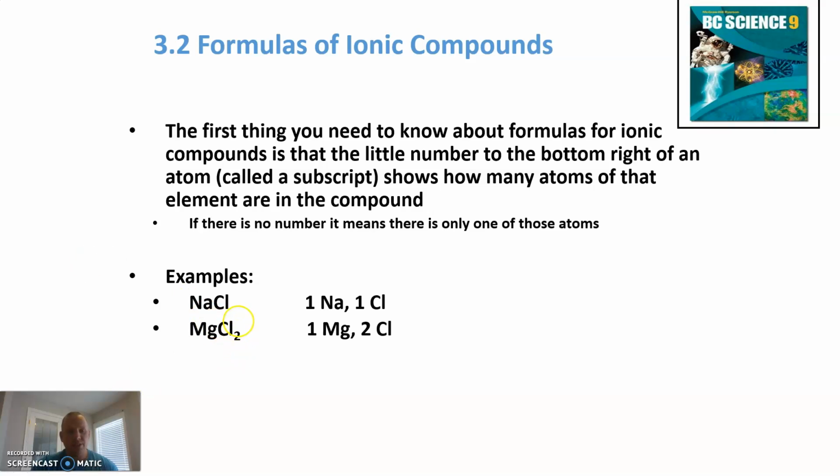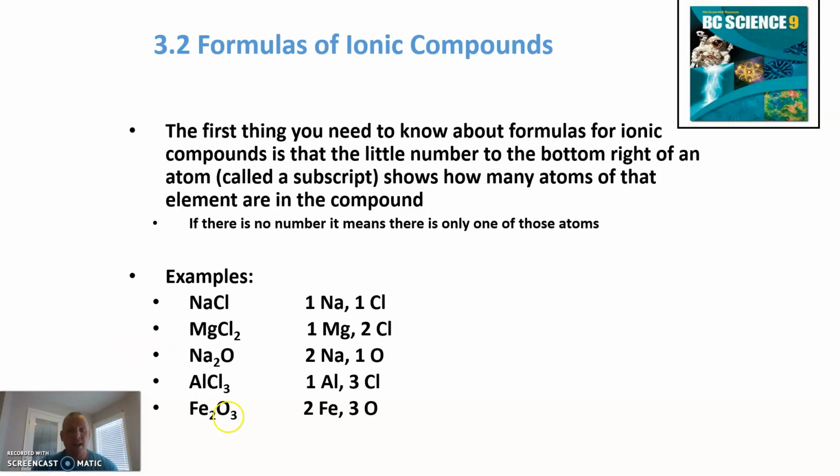Magnesium chloride, we see the little 2 down there. So that means there's 2 atoms of chlorine and only 1 atom of magnesium in magnesium chloride. Sodium oxide, this time the 2 is to the right of sodium. So there's 2 atoms of sodium, 1 atom of oxygen. Aluminum chloride, there's 1 atom of aluminum, 3 of chlorine, because the 3 is by the chlorine.